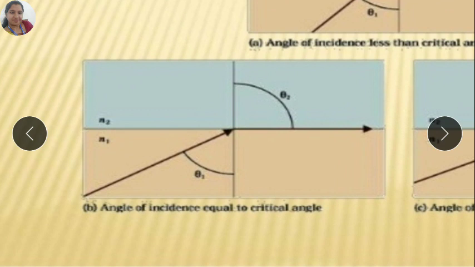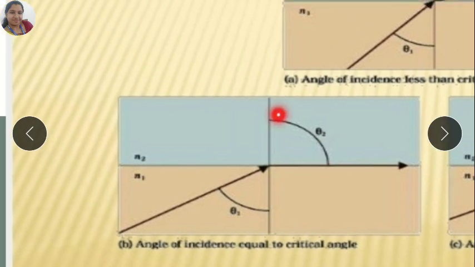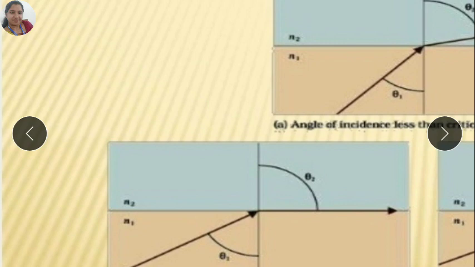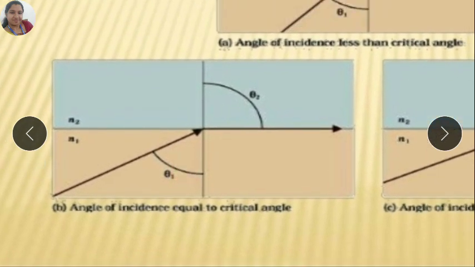Then we go to the second diagram. Here this is the incident ray, and the light ray is refracted along the interface, that is, the angle of refraction is 90 degrees. This is called the critical angle. Critical angle is the angle of incidence at which the angle of refraction is 90 degrees.